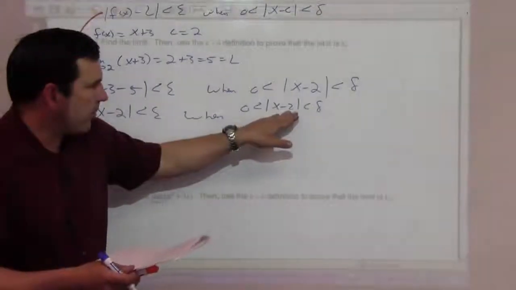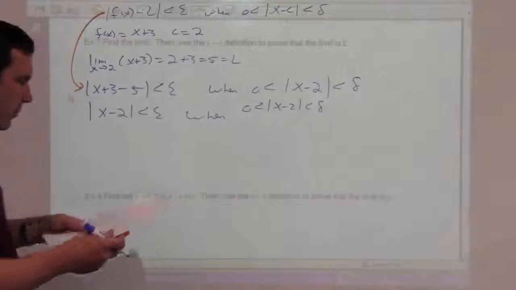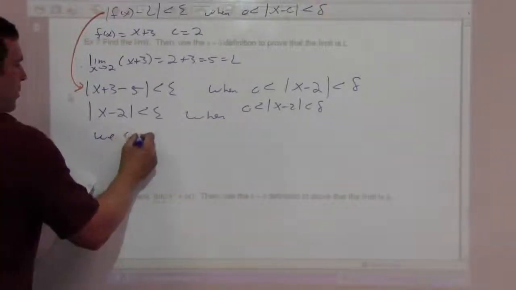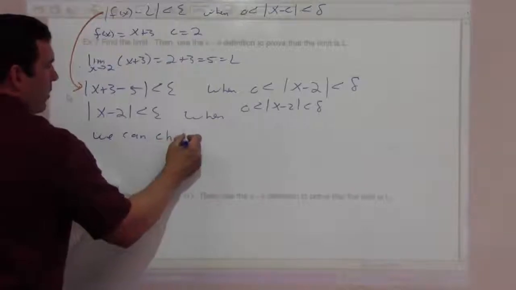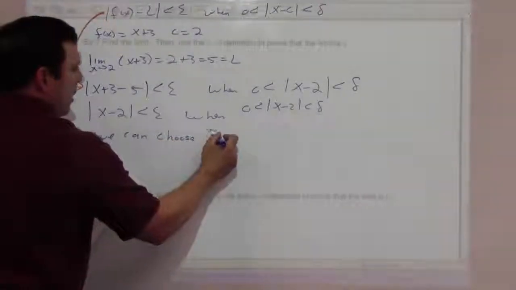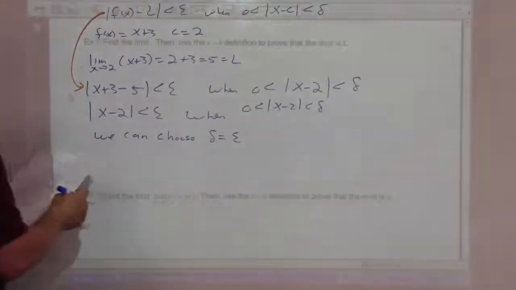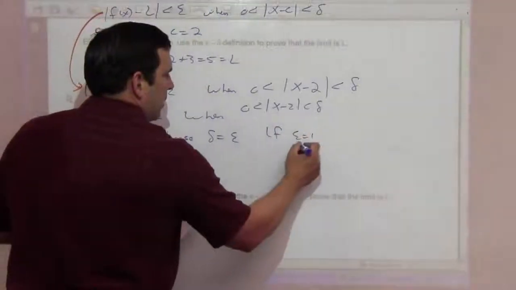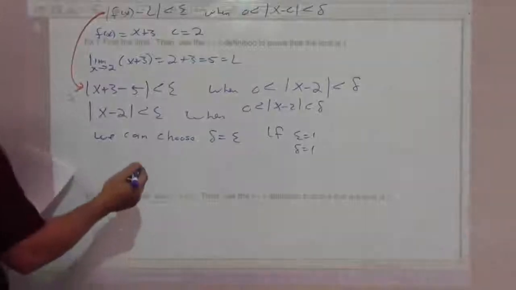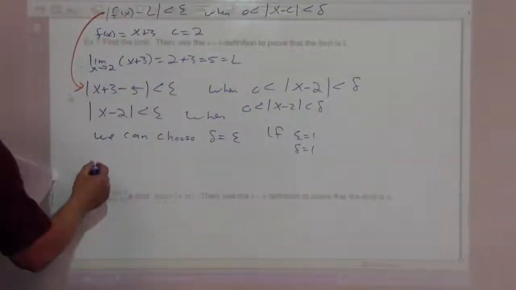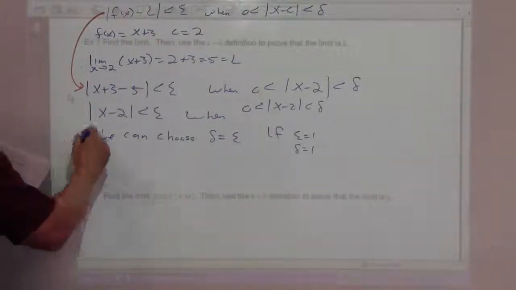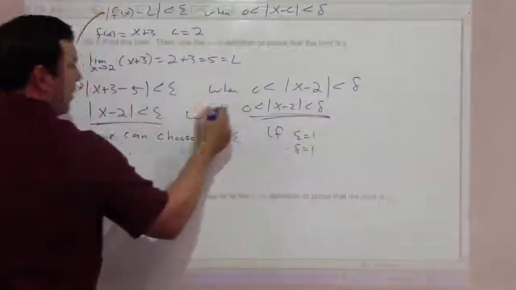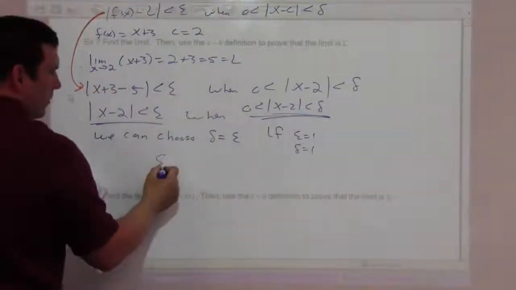Over here we have an absolute value of x minus 2 as well. So we can choose that delta equals our epsilon. So if epsilon is 1, delta is 1, and so on. But we have an established relationship. We can make this look just like that, as long as epsilon equals delta.